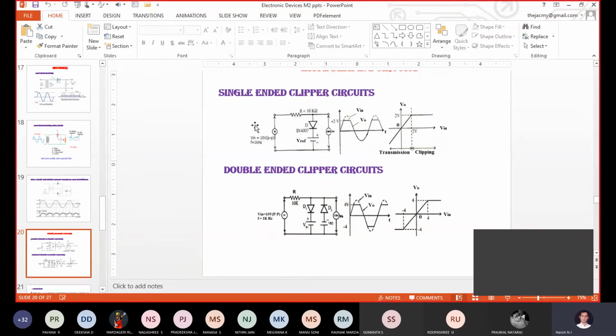Based on that, the required portion of the input signal can be removed and you can obtain the expected output waveform. Correct. This is another application of the PN junction diode. This kind of circuit we call a wave shaping circuit.